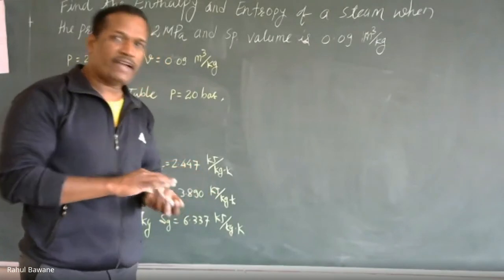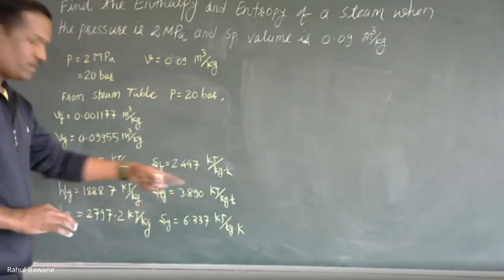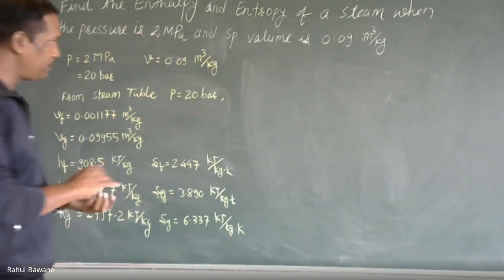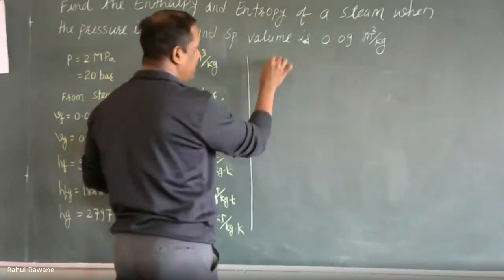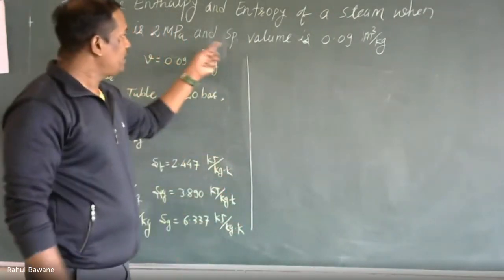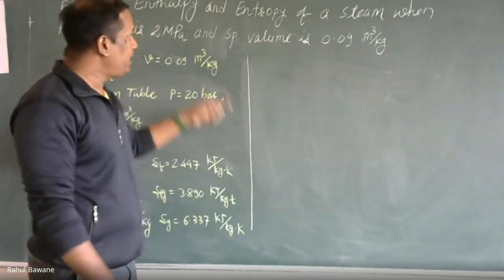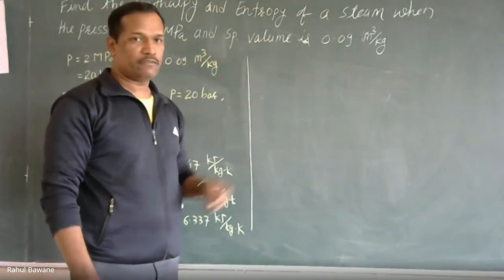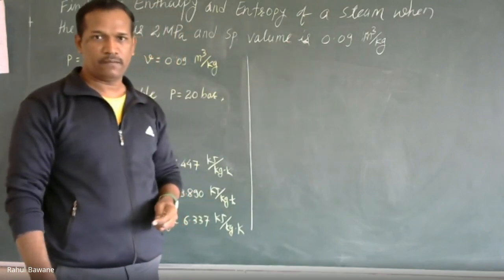We know all this given data from the steam table. Enthalpy of steam is not given in the numerical. Entropy of steam is not given, but specific volume of steam is given.